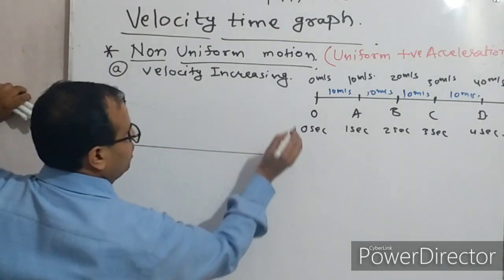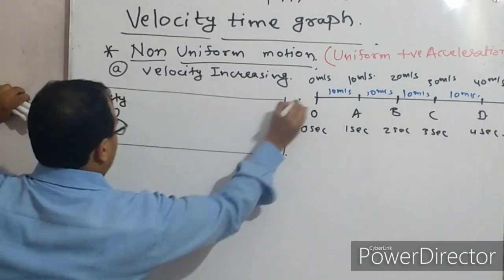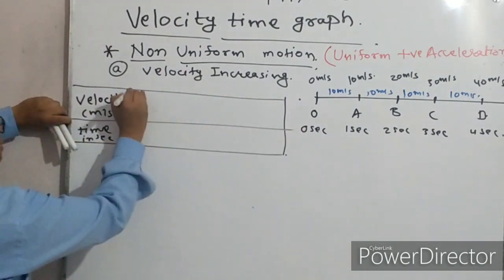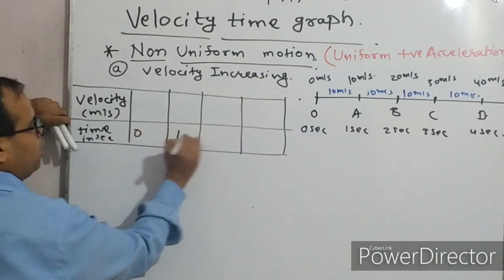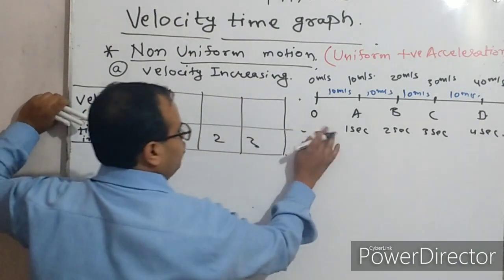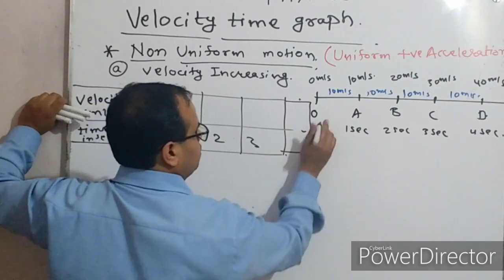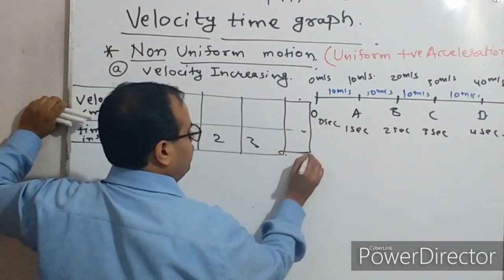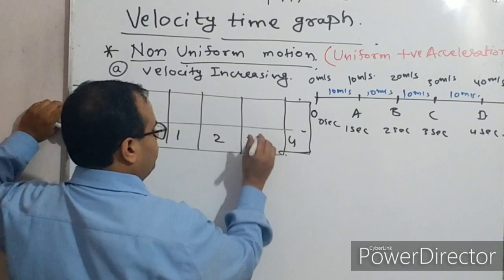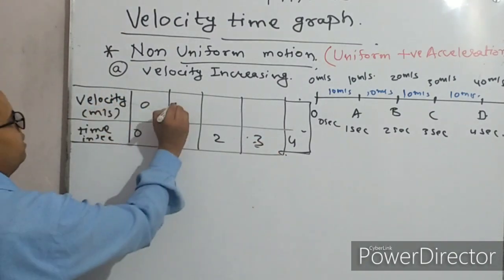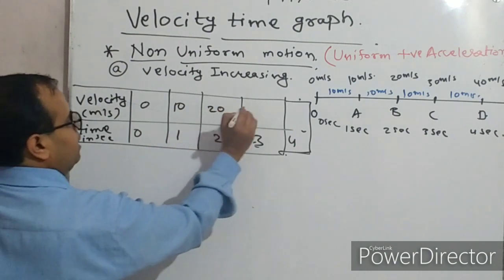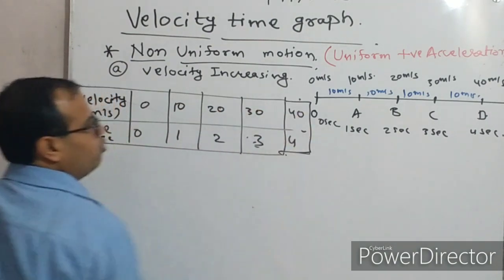Now you can see here that velocity is going like this. This is 0, 1, 2, 3, and one more we want, which is 4. And as far as the velocities are concerned, here it is 0, then 10, then 20, then 30, and at last it is 40.